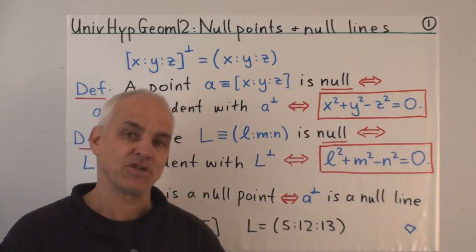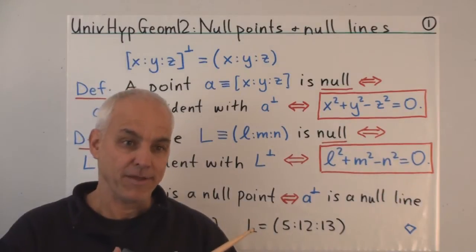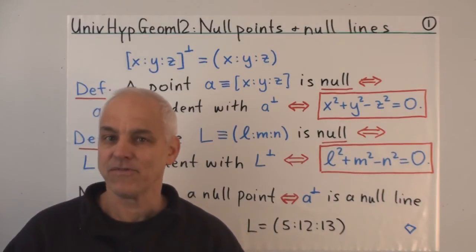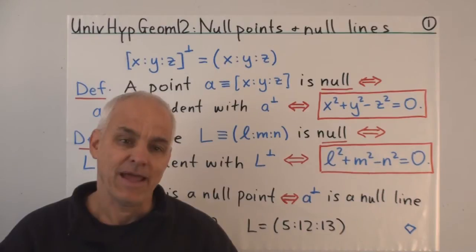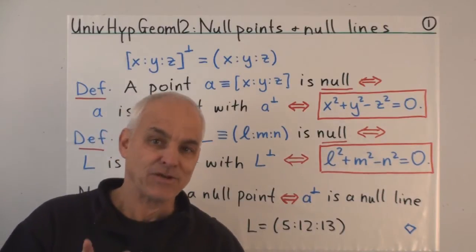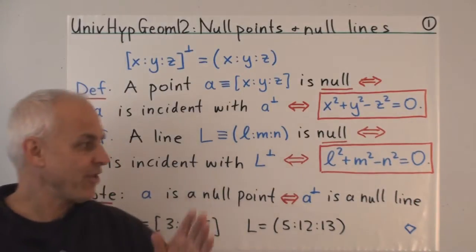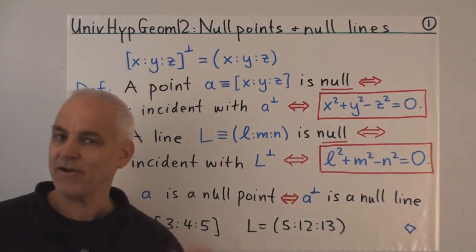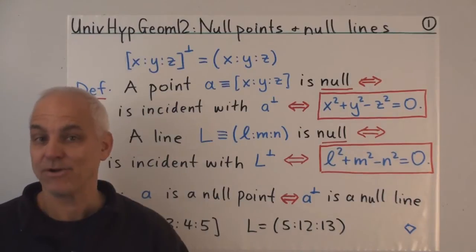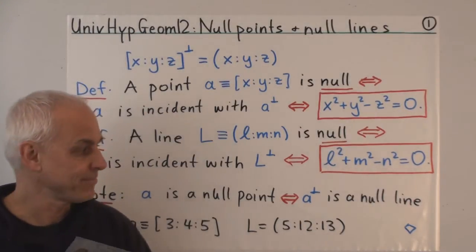Photons have a distinguished role in physics. They are the carriers of the electromagnetic force, and they are central in Einstein's theory of relativity. And we're going to see that photons and these null points and null lines are very analogous, and the mathematical connection is actually quite deep.